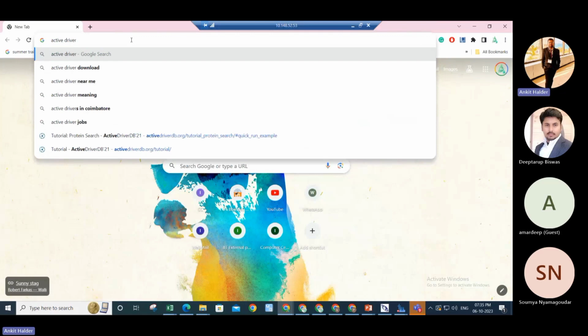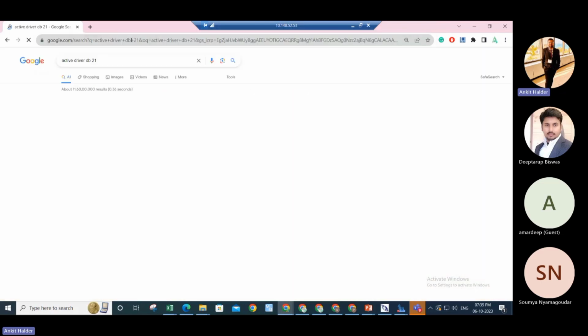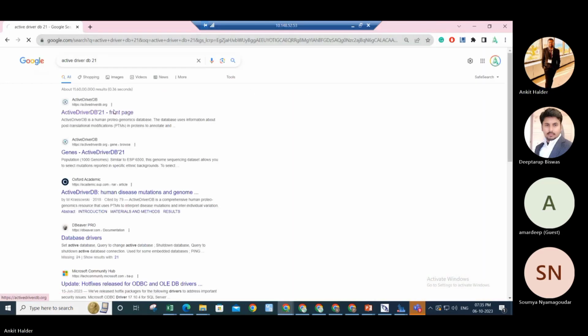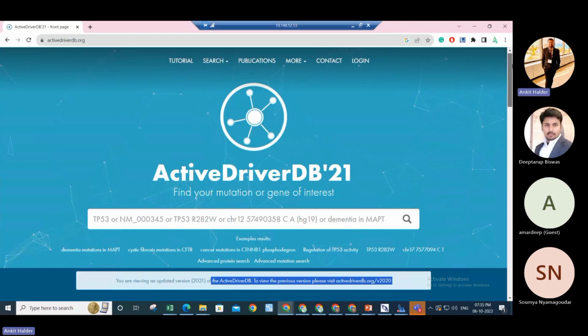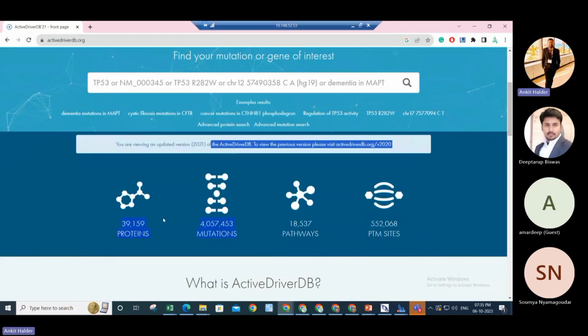This is a web-based tool, which you can all search. You can see that you are viewing the updated version. You can see proteins, mutations, pathways, PTM sites.